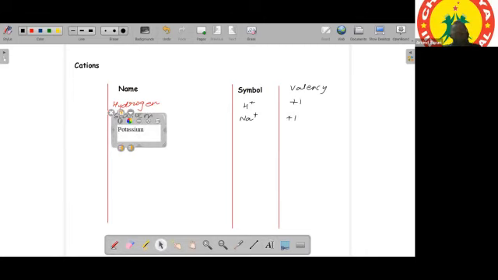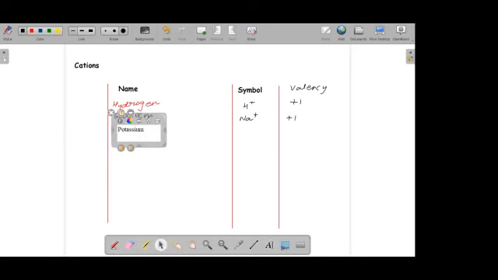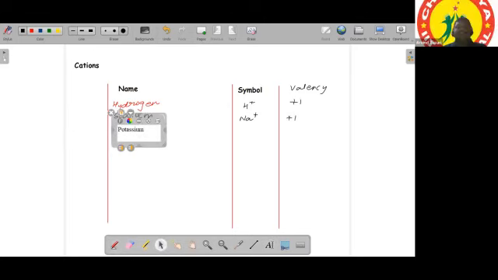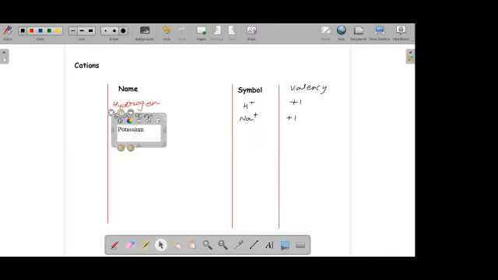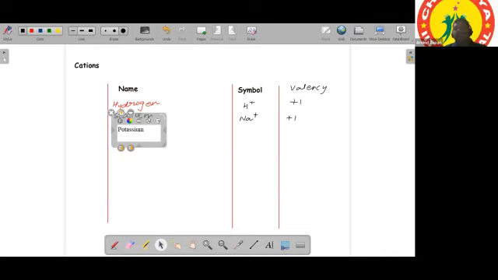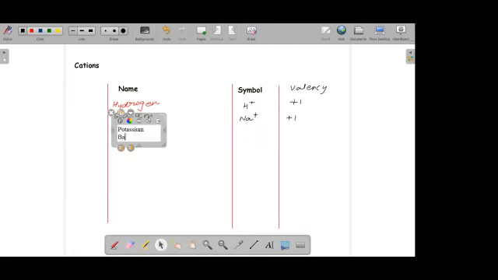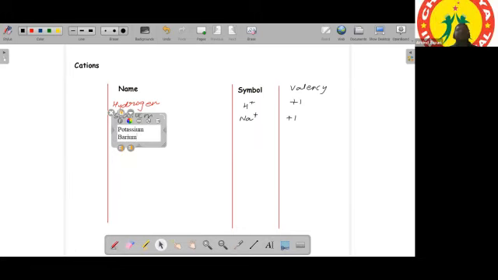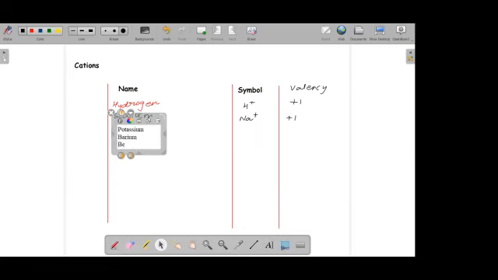It's K, and valency, wait, sir, I'll just calculate. Plus 1. Okay, potassium is plus 1. Sodium, potassium, they are plus 1. Then, what about barium? Barium is Ba. Its valency is 2. Okay, I'm noting it down.